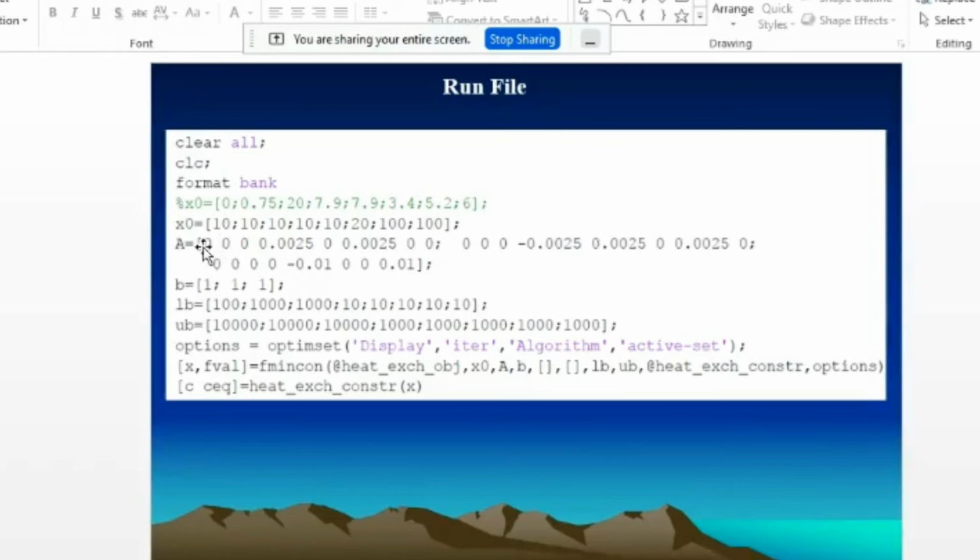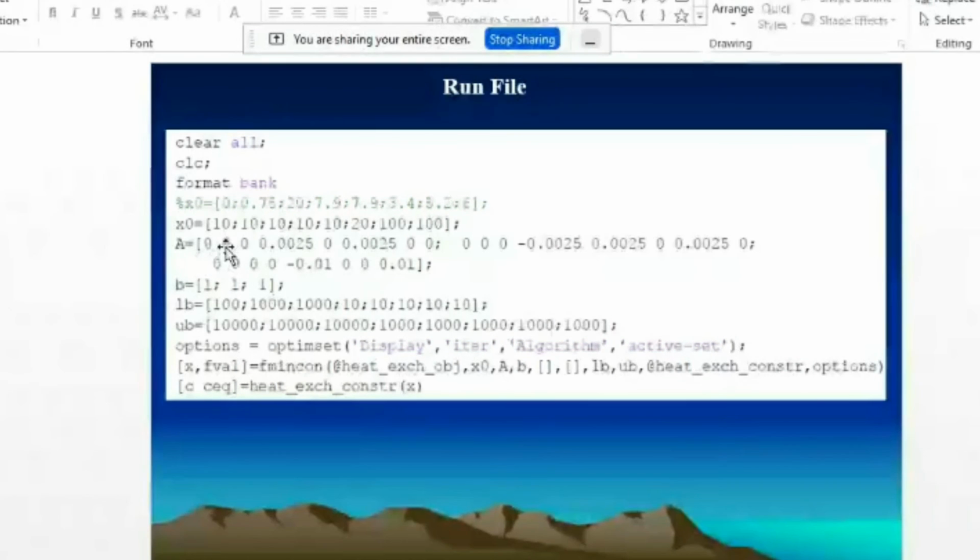Then again A is a matrix representing the left hand side coefficients of the variables of the linear inequality constraints. Here, totally how many variables are there? 1, 2, 3, 4, 5, 6, 7, 8, so 8 variables and 3 constraints. That way 3 rows, 8 columns. If you want to type in the same line, we have to separate by semicolon, or otherwise we can give it in matrix form, right?